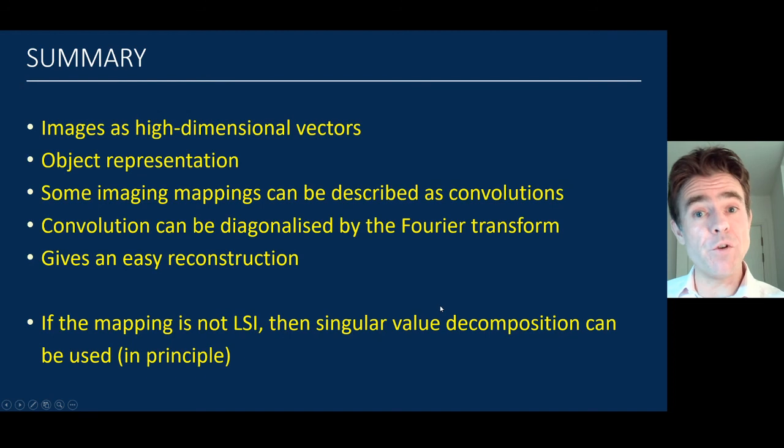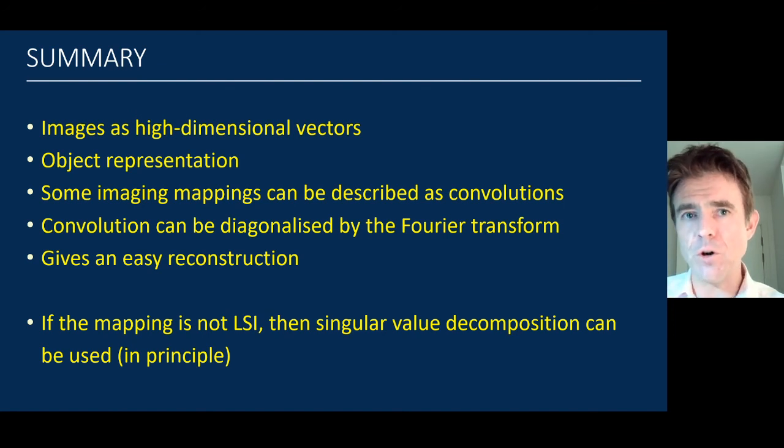So in summary, over all the parts of this lecture, we've covered images as high-dimensional vectors, we've looked into matrices, we've considered object representation parameters, and crucially we've seen that some imaging systems can be described as convolutions. Convolution can be diagonalized by the Fourier transform, which gives us a really easy way of reconstructing.